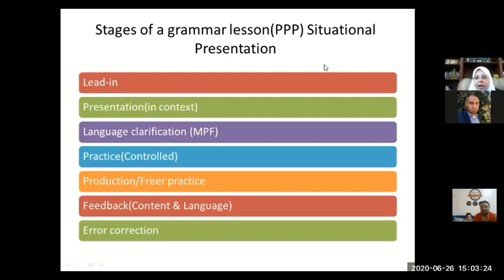How do I explain grammar? Actually, I convey the meaning in context, okay? And then I elicit the target language and drill and ask about and elicit the form as well. So in the presentation stage, these are the steps.